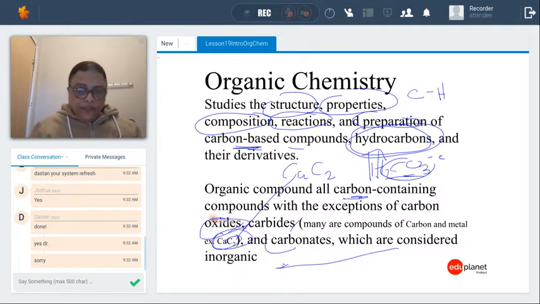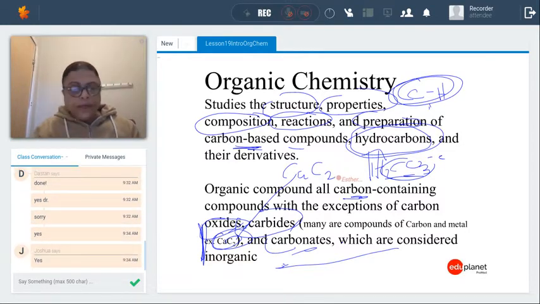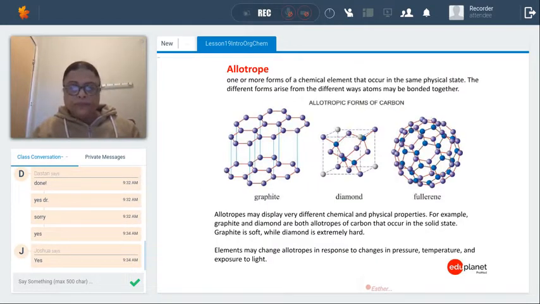So carbon oxide, carbon dioxide, carbon monoxide, carbides that have C2 connected to, for example, calcium, and carbonates are containing carbon but are considered inorganic. All the other carbon-containing molecules, especially those that have CH, are considered organic. That is the difference. Is that clear? Okay, good. Then we continue.